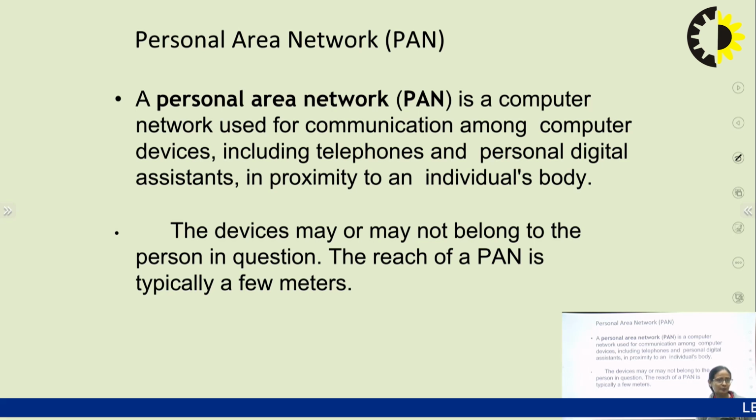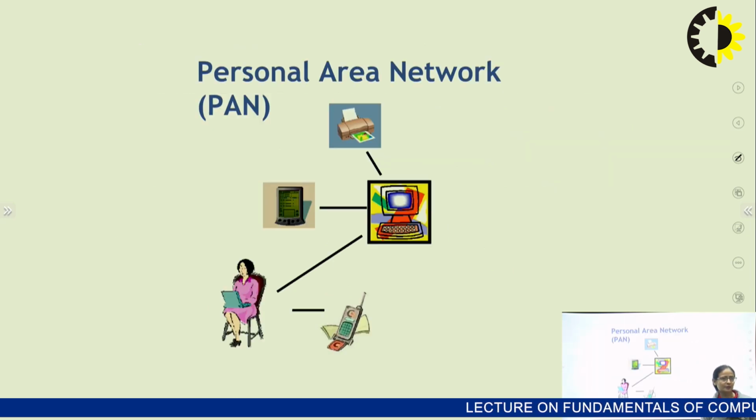The devices may or may not belong to the person in question. The reach of PAN is typically a few meters. For example, we have a system, a cordless phone, then a printer and smart meters, etc. So a PAN is formed in this case.